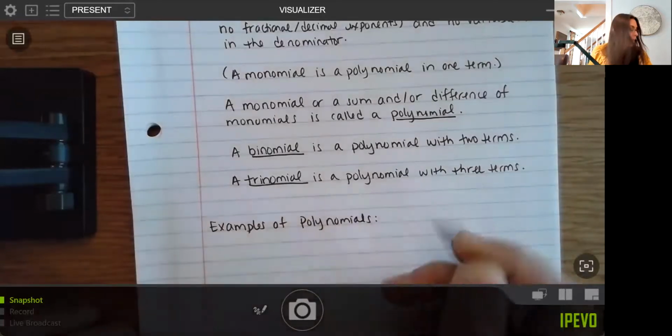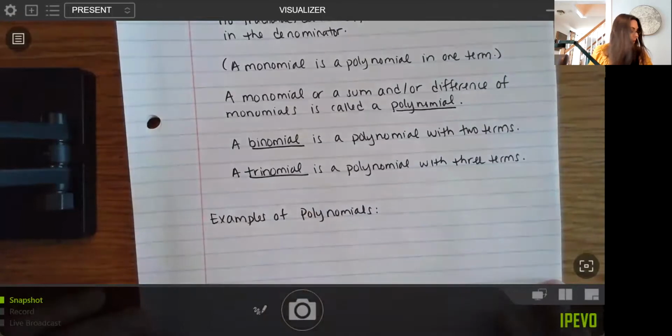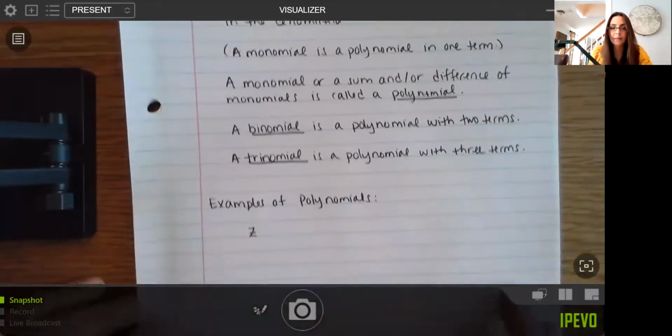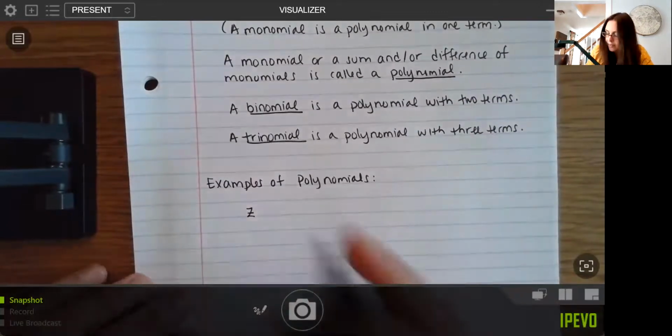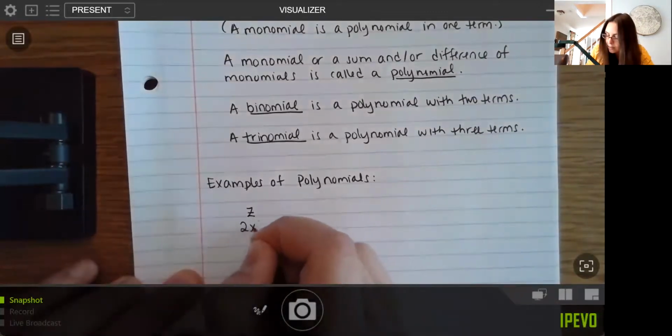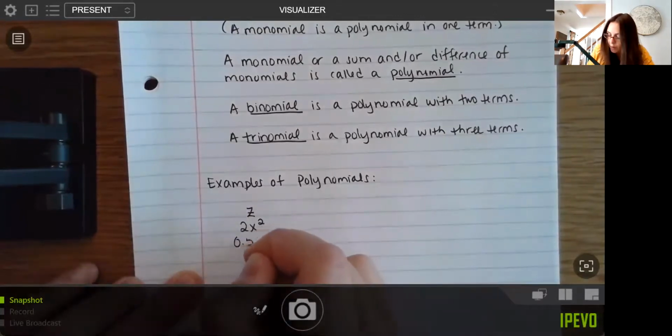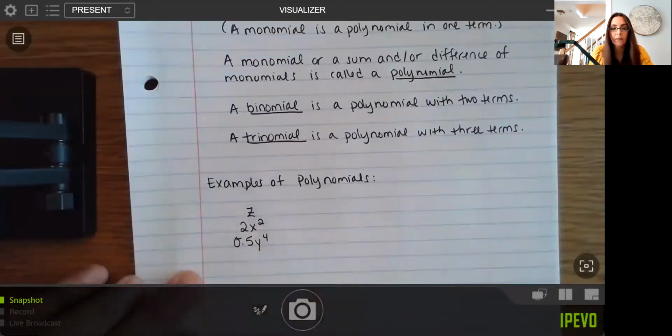Okay. So here are some of the more simple polynomials. You could just have the term z. You could have something like 2x squared. I could have 1/2 y to the 4th power.